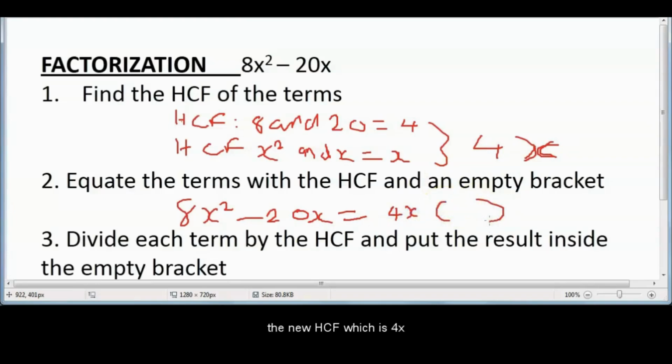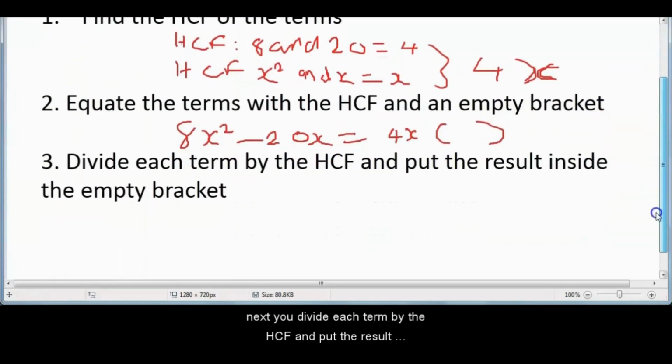The HCF, 4x, and an empty bracket goes to the other side of the equation. So we're going to have 8x squared minus 20x equals 4x and an empty bracket.